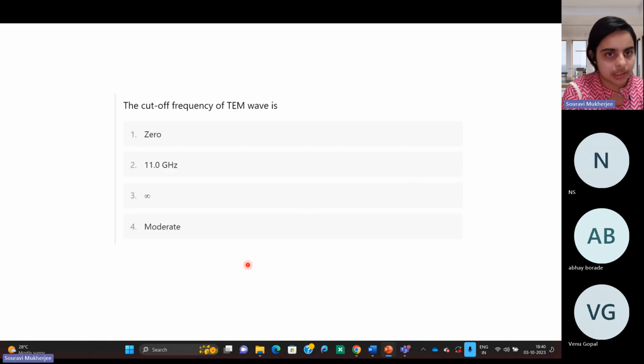So now what should be the cutoff frequency for a TEM mode? We read about TE, TM. We did TEM in transmission lines, right? Now, based on what we discussed, what should be the cutoff frequency for a TEM wave in a waveguide?